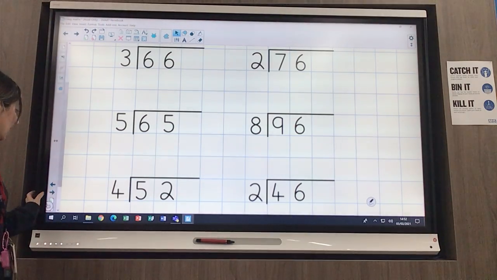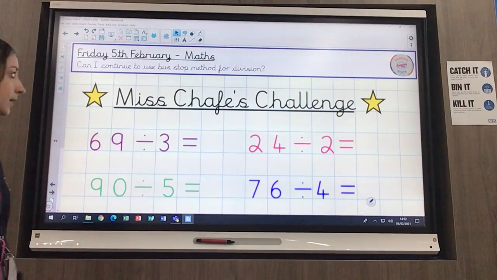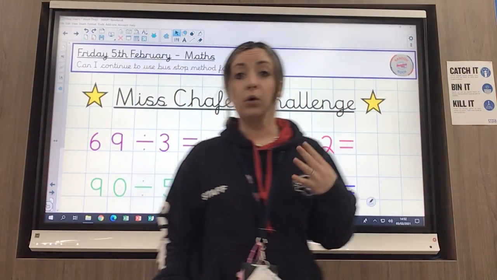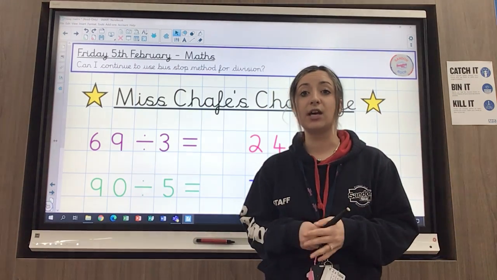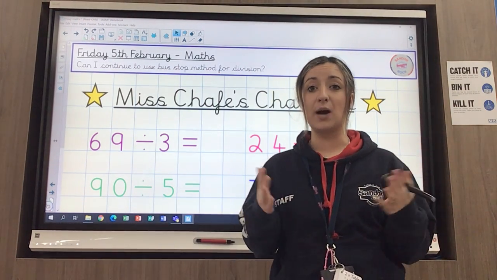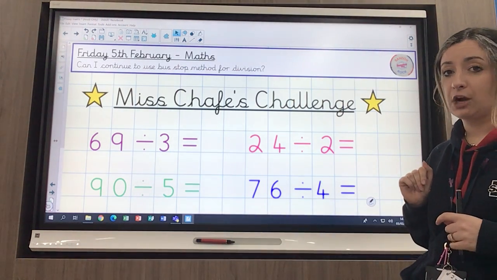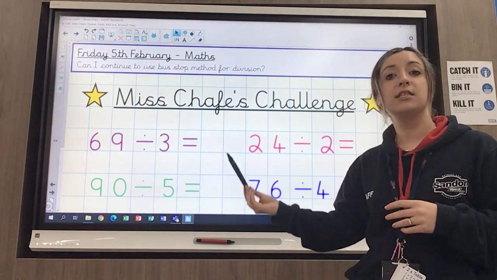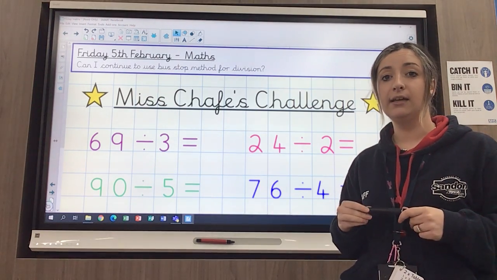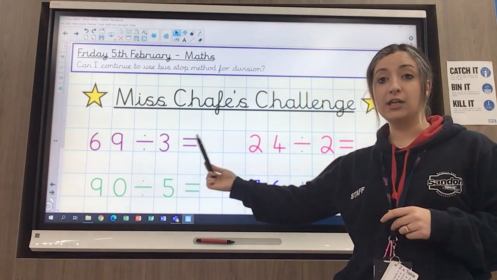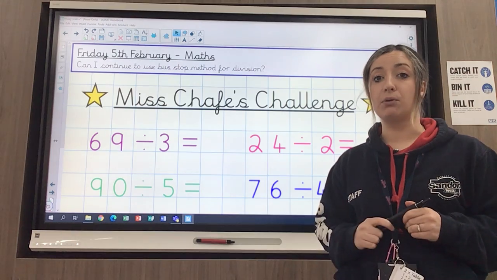Okay, so let's have a look at my challenge for today. I've got an extra 4 questions. So if you really wanted to challenge yourself, that would mean you've got 6 questions in total. Now you can see that these are not laid out as bus stop, are they? They're laid out as a number sentence that we quite often see. I want you to represent each of these number sentences as a bus stop.